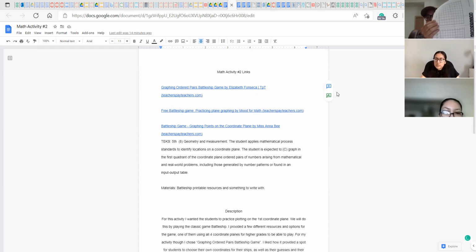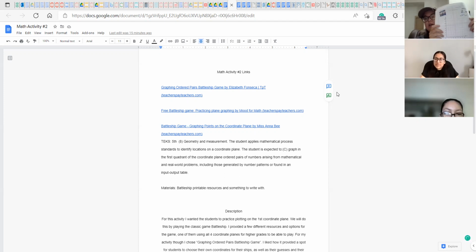So this one would be fun if they kind of have an idea of it already. And then this one would work for once they've got it down, and maybe 6th grade, 7th grade. I think it can go all the way up to 8th grade when they're doing the entire coordinate plane. But for this purpose now, I'm just doing this one.